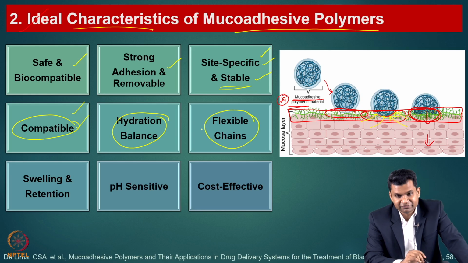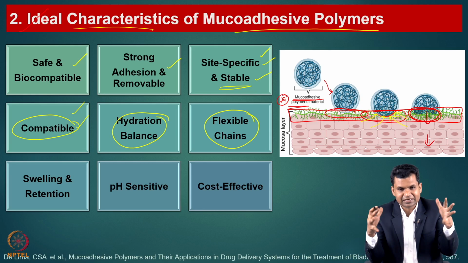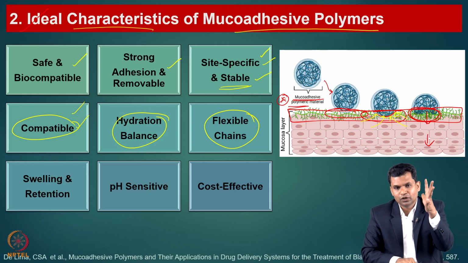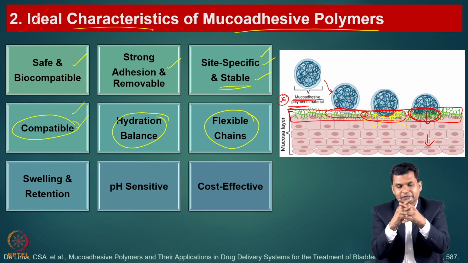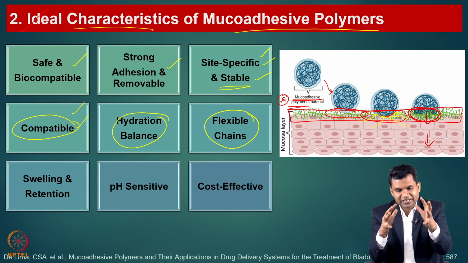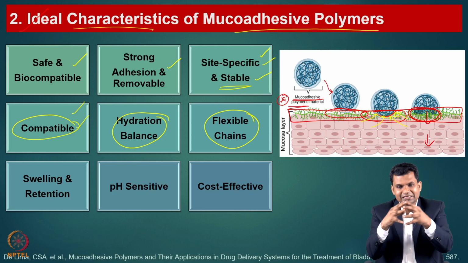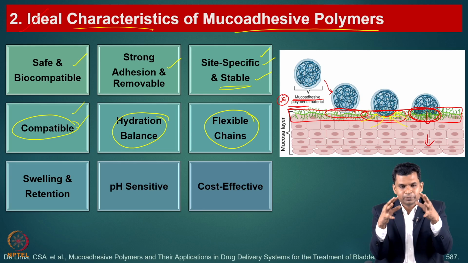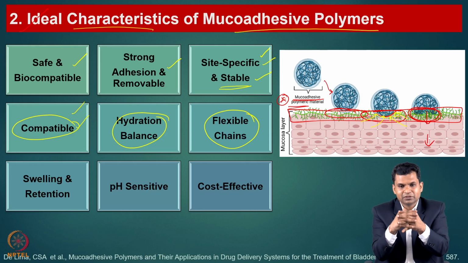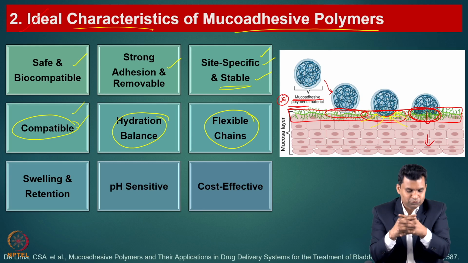Flexible chains are also very important, because at the last stage the interaction of the polymer with the mucin is crucial. If the polymeric chains are flexible, they can easily interlink or interact with the mucin. So, your polymer chain should be flexible to interact with the mucin.